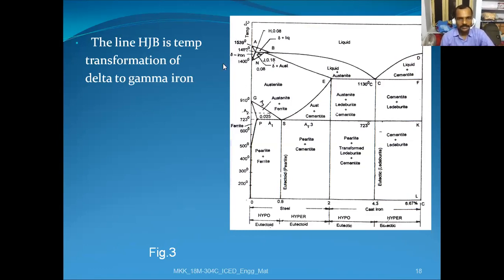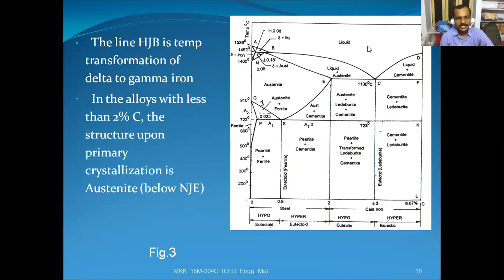Here this is given as the delta iron. So the temperature of transformation of delta to gamma iron can be found at HJB. This is B, this is J, and this is H.